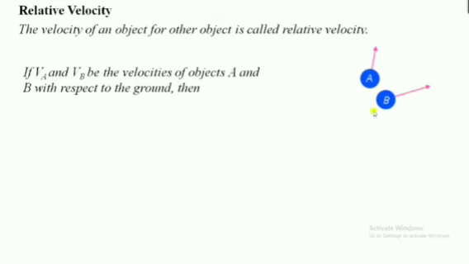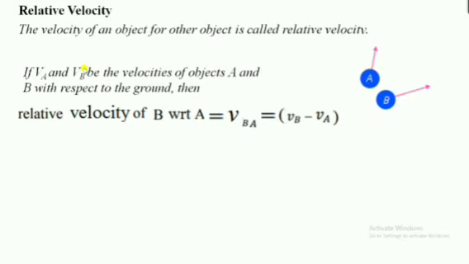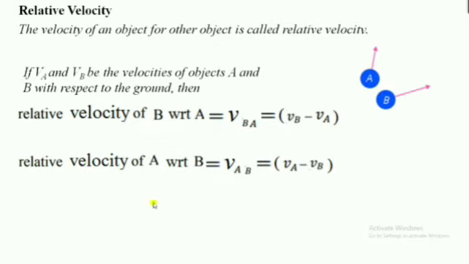Suppose VA and VB are the velocities of these two objects with respect to ground. Then the relative velocity of B with respect to A will be given by VB minus VA, and we denote this by VBA. Similarly, relative velocity of A with respect to B will be given by VAB, and we write VA minus VB.